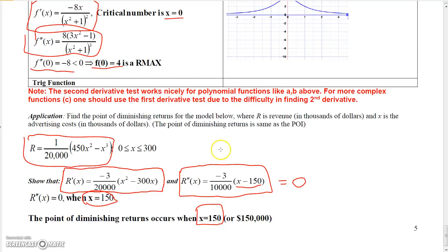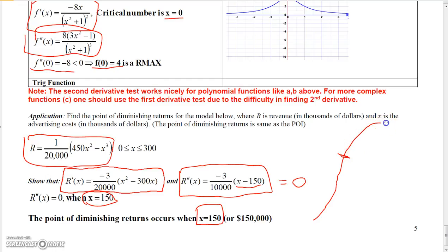A good example of this is if you're tracking a stock and the stock is increasing, but all of a sudden you notice the curvature change. Maybe right here it switched from concave up to concave down. That would be a point of diminishing returns, and it might trigger you to sell somewhere in here, because think about what's going to happen if it continues this path.